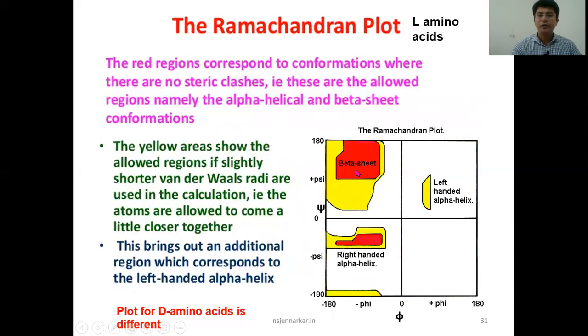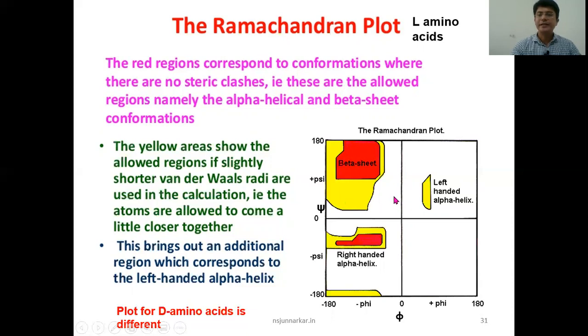You can see that in some regions the red zones are shown, which indicates that here the conformations are possible with less steric clashes or no steric hindrance. Whereas the yellow regions are also shown, which indicate that slightly shorter van der Waals radii are used in the calculation, and here also some structures are possible.